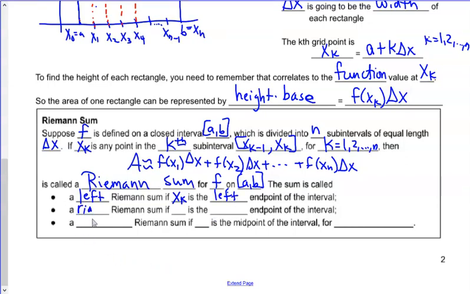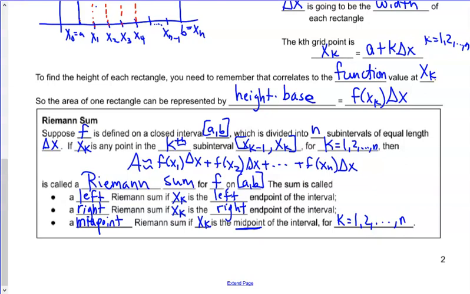We also can refer to a right Riemann sum if x sub k is the right endpoint of an interval. And the one we already looked at was a midpoint Riemann sum, if x sub k is the midpoint of the interval, for k equaling 1, 2, all the way to n.